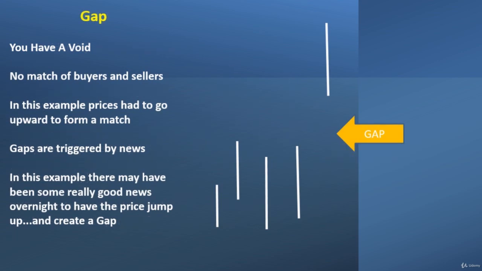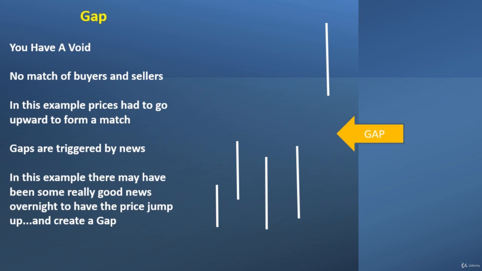And what you have going on here is a void. You have this space, and what's going on is there's no match of buyers and sellers. There's no matching of somebody looking to sell or buy at a certain price within that gap area. There's a gap between the two price ranges of the 2 days. In this example here, prices had to go upward to form a match.